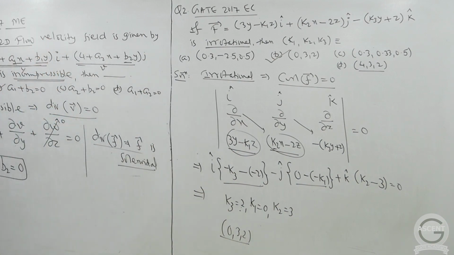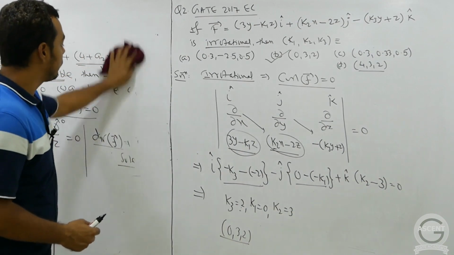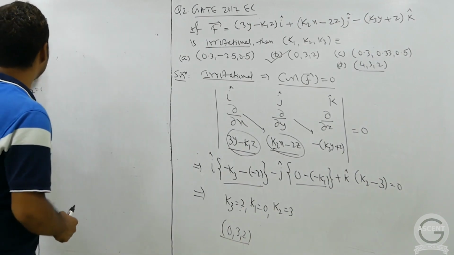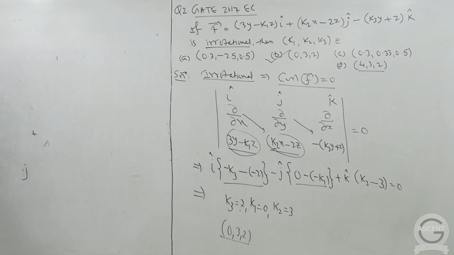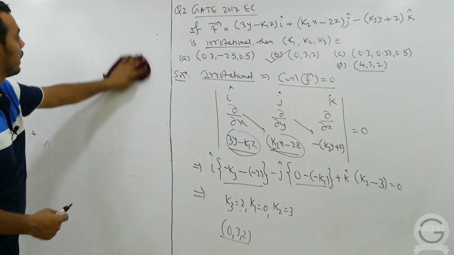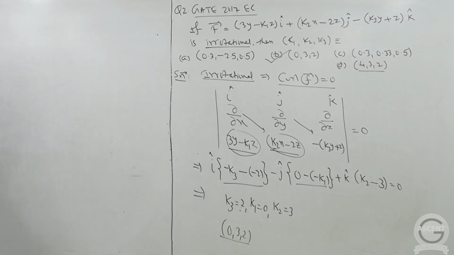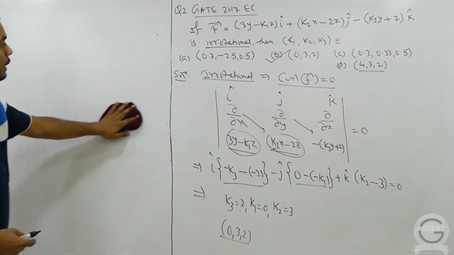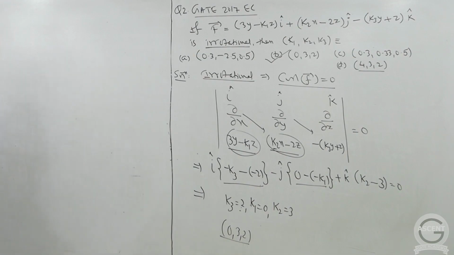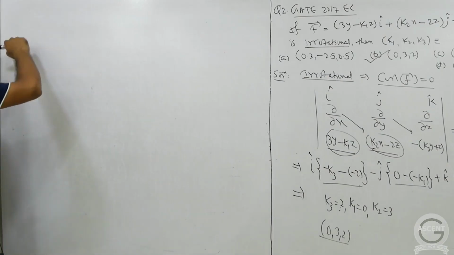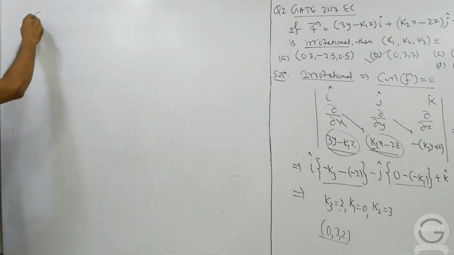Now after this we'll talk about some important formulas. Basically we'll see 4 different formulas. See, till now we have talked about gradient, divergence and curl. Gradient was calculated for a scalar point function and gradient was a vector quantity. Then we talked about divergence and curl.